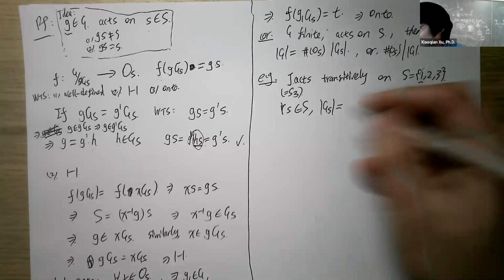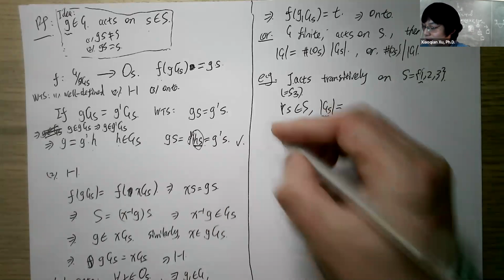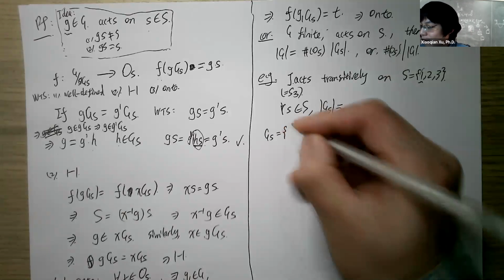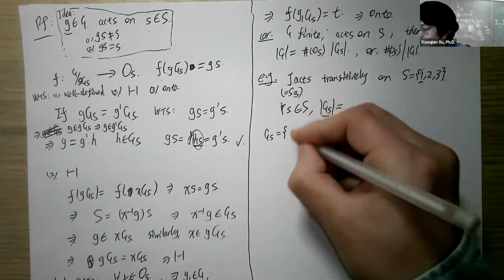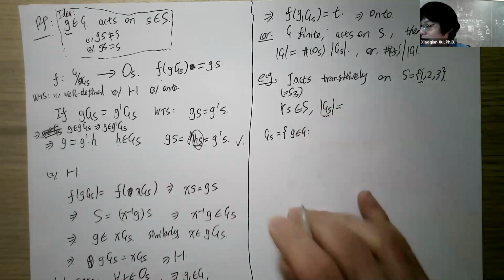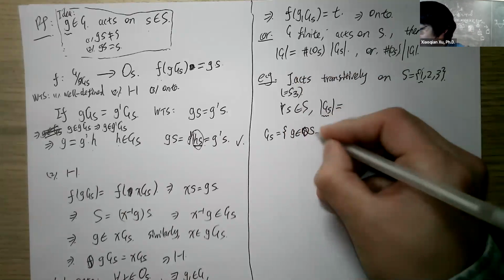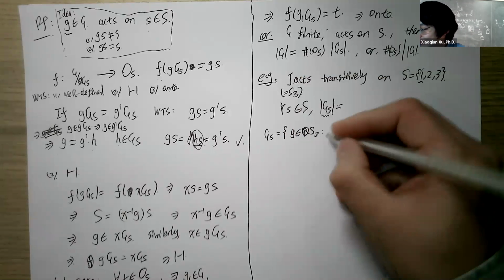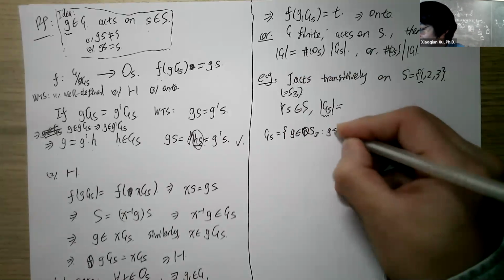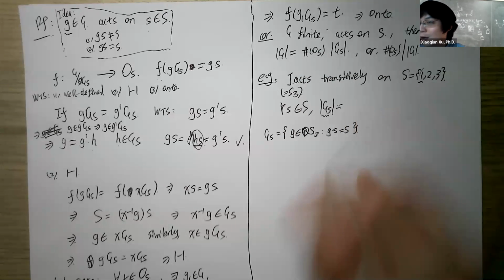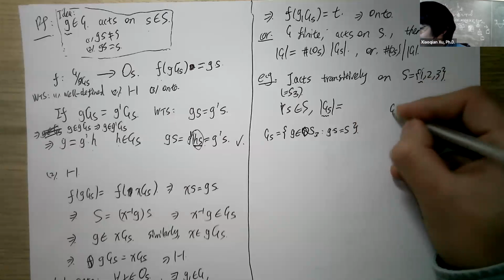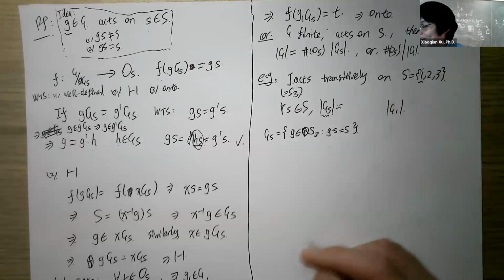Of course, this G_s is the stabilizer of s, which means the elements in, let's say, S3, such that g acting on s equals s. For instance, what is the stabilizer of point 1?